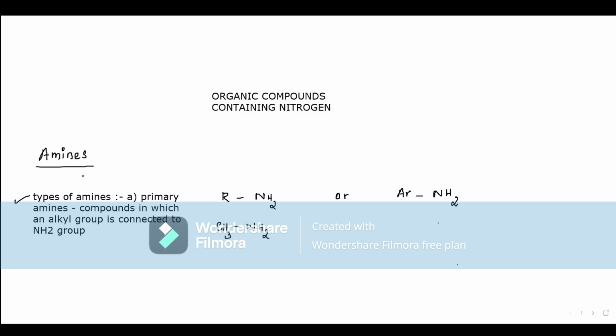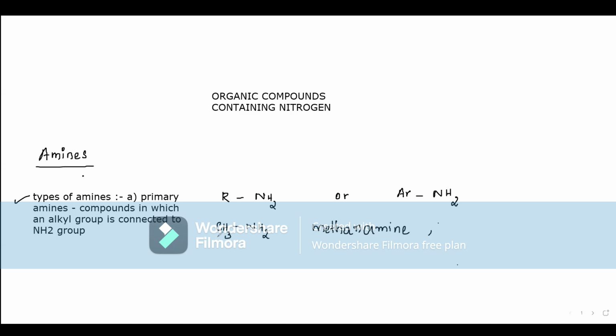There's only one carbon. Since there is only one carbon, meth is the root word. And to represent saturation, we write an only. Then to represent the presence of NH2, the word amine has to be written.